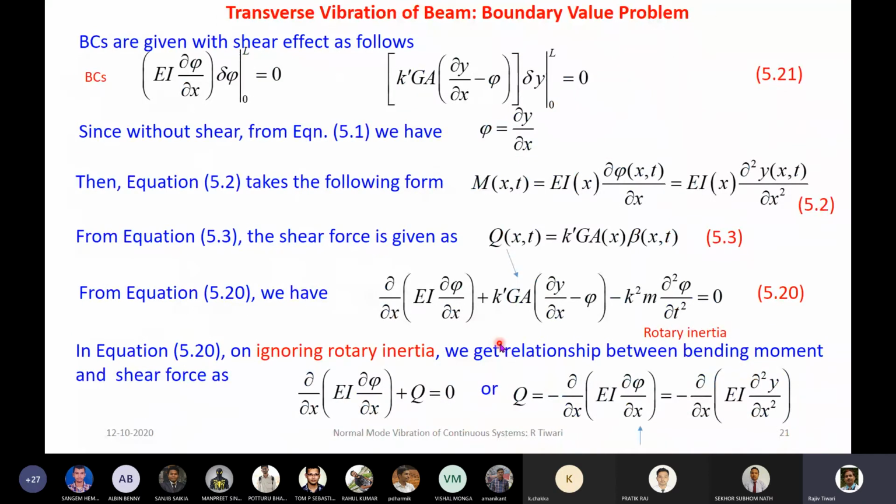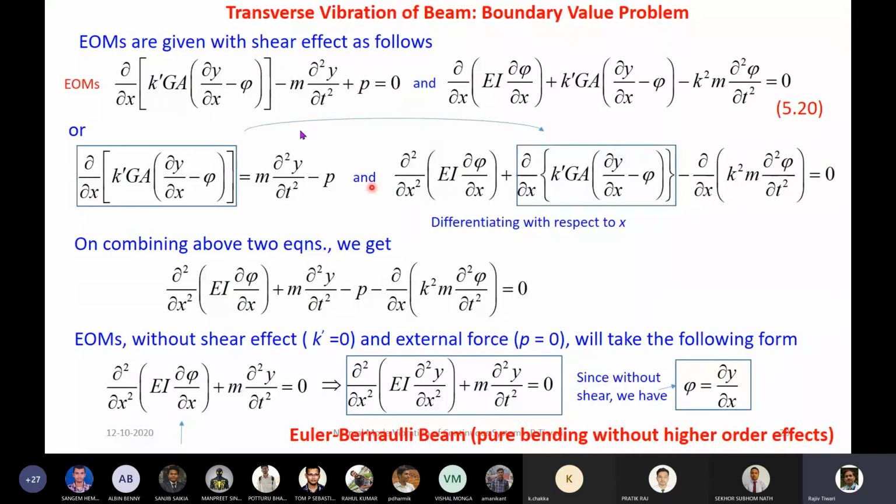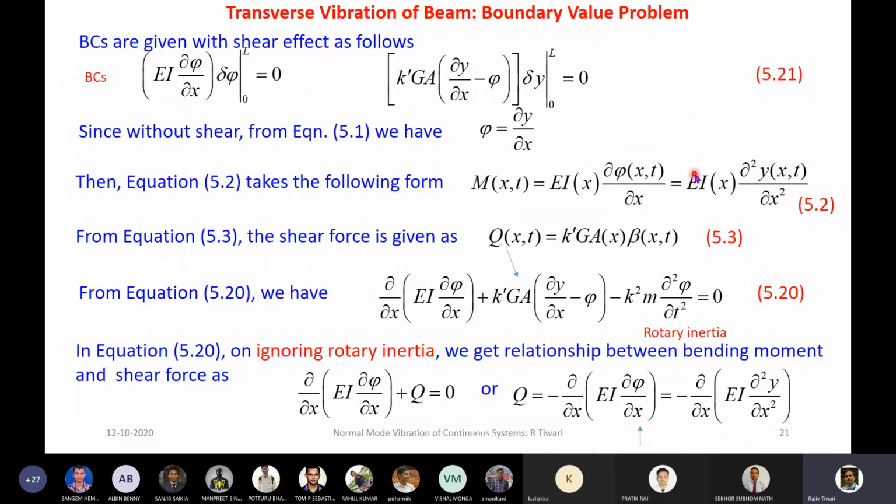Now we'll see the boundary conditions. Apart from these equations, we had the boundary conditions also. That also we need to simplify now. So these were the boundary conditions corresponding to the Timoshenko beam formulation. Here, between these two relationships, there is no beta now because the shear effect has been ignored.